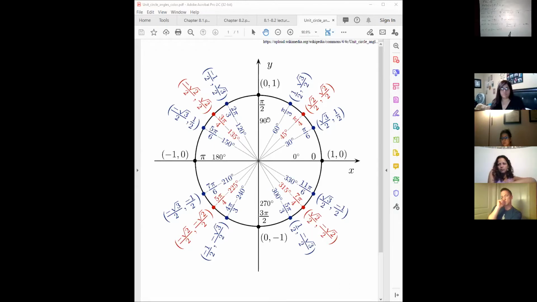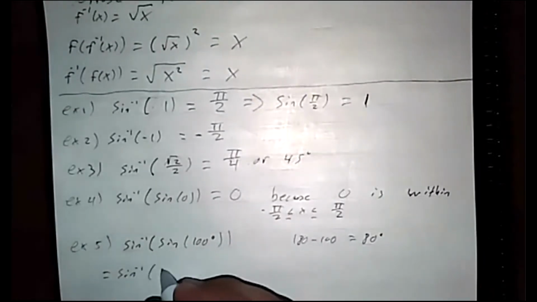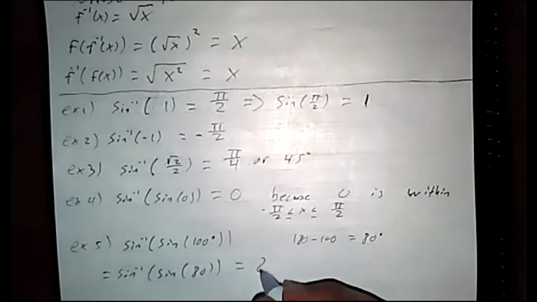So 100 is too big. An equivalent angle would be 180 minus 100, which is 80. So I can use this one. I can say that this is the same as asking sine inverse of sine 80, which would be equal to 80.